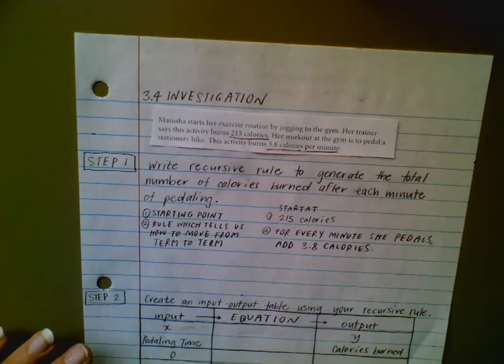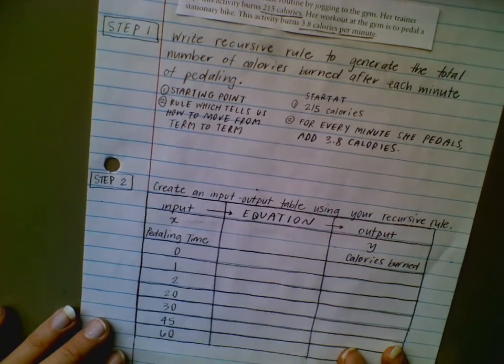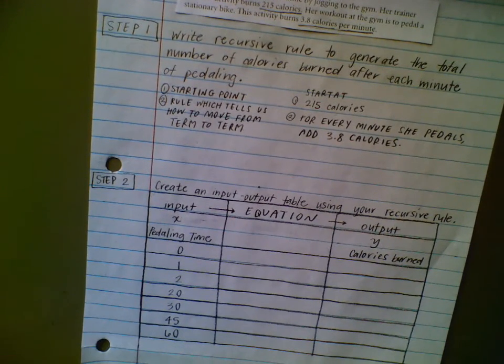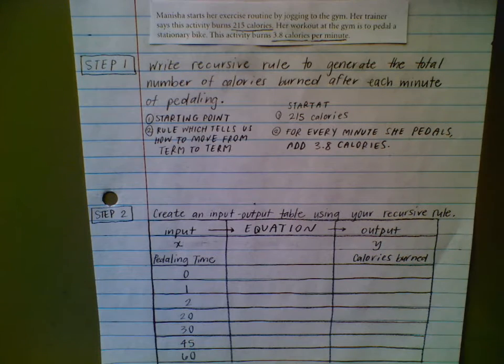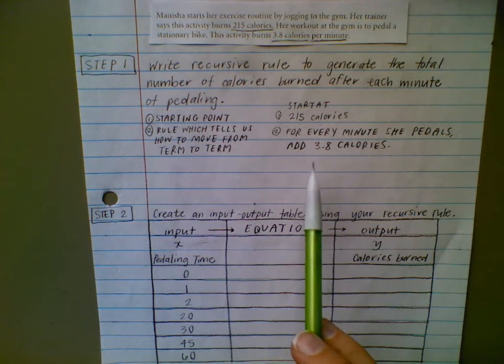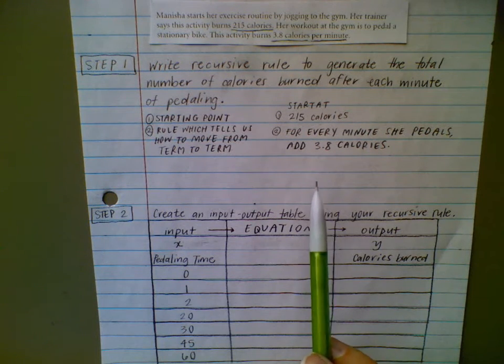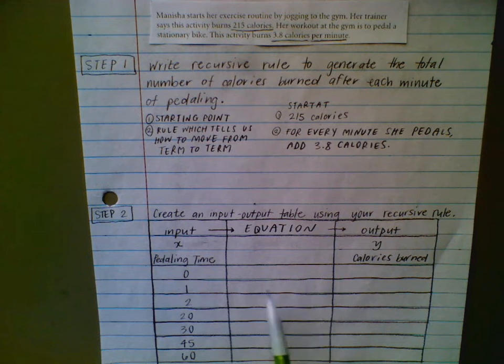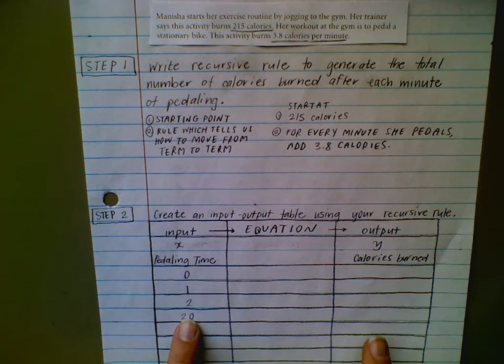So now we're going to create an input-output table. The input-output table uses this recursive rule to determine how many calories she's burned after each minute. For right now, we're just going to look at this column and this column.